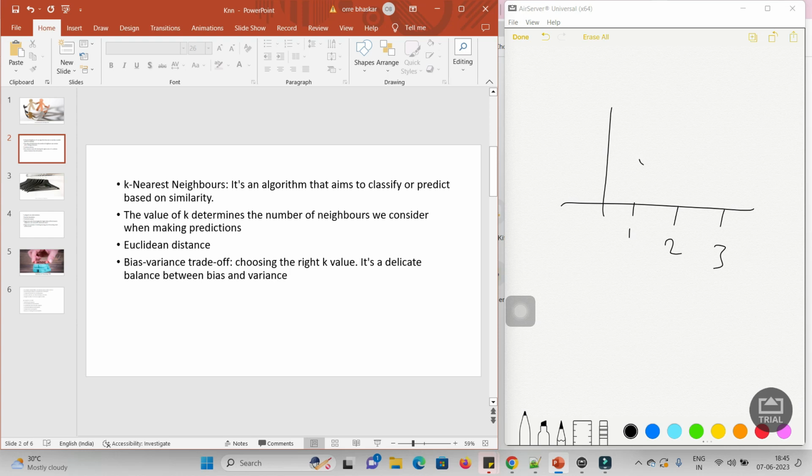If the point is here, this is also 1, 2, and 3. And let's take one more point, this point. So this point and this point are similar. That's the basic assumption. As you can see with our eyes, these two points are very close to each other. The proximity is very small. So we can say these two data points are similar instances.